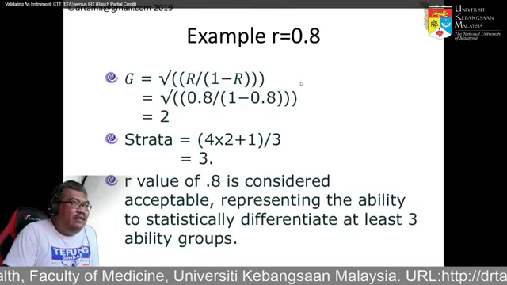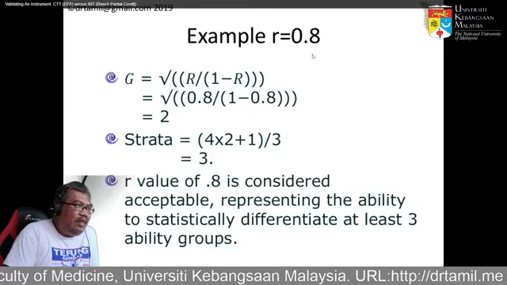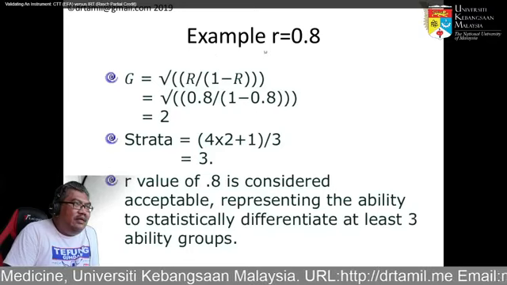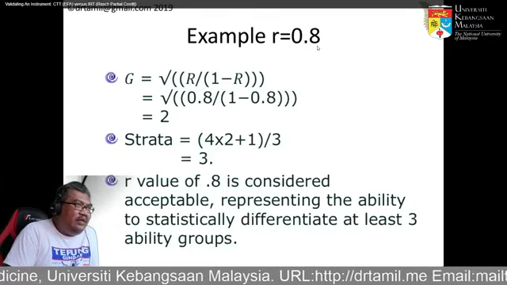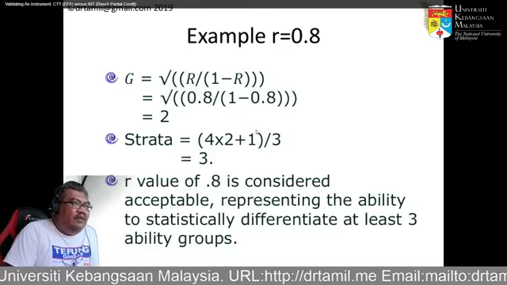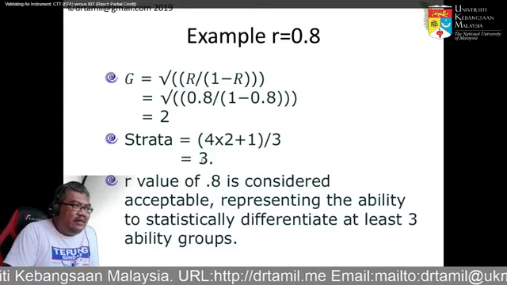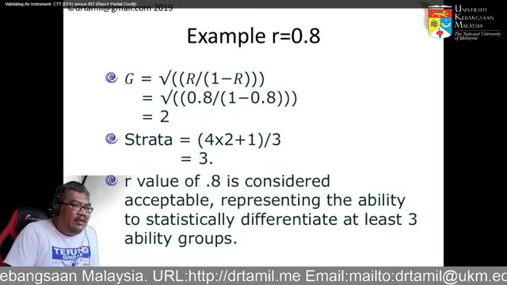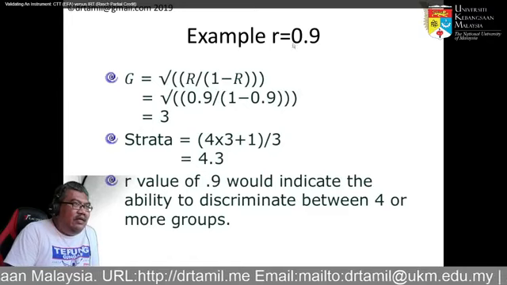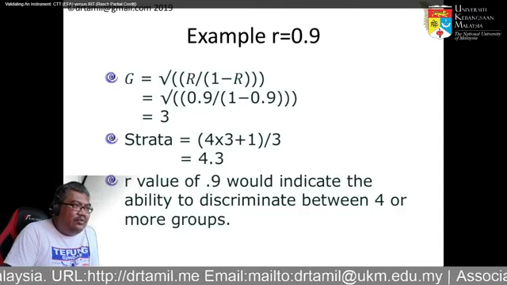If you look at it the other way around, with a reliability index of 0.8, the Cronbach alpha 0.8, you put in the value and get a G of 2, and for a G of 2 you get a strata of 3. So the higher the reliability, the better, because you can divide into larger groups. With a reliability of 0.9, you end up being able to discriminate into 4 or more groups.